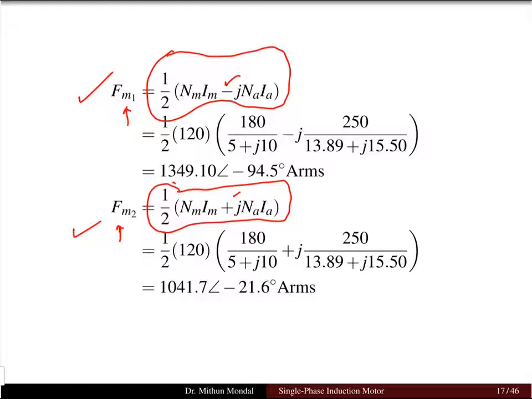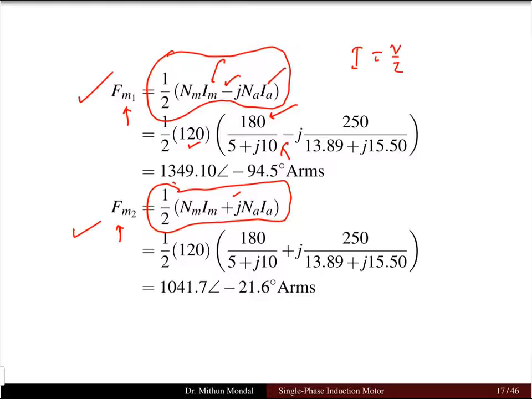We can substitute all the data which are provided in the problem, where the number of turns in the main winding is given to be 120. The current we can obtain as the ratio of voltage by impedance. So voltage is given to be 180 and the impedance of the main winding is given to be 5 plus J10.